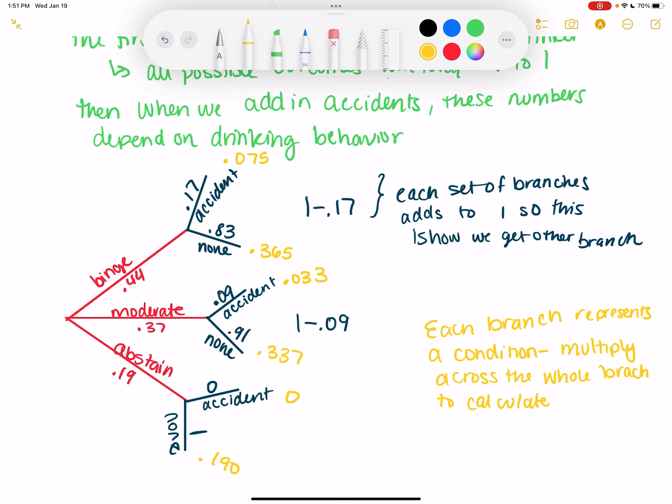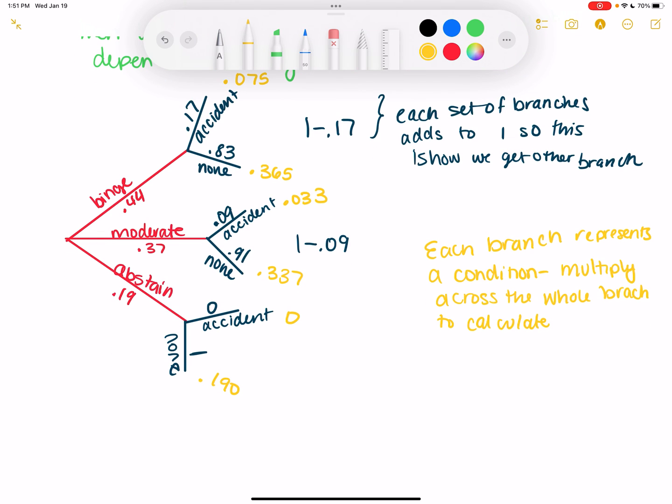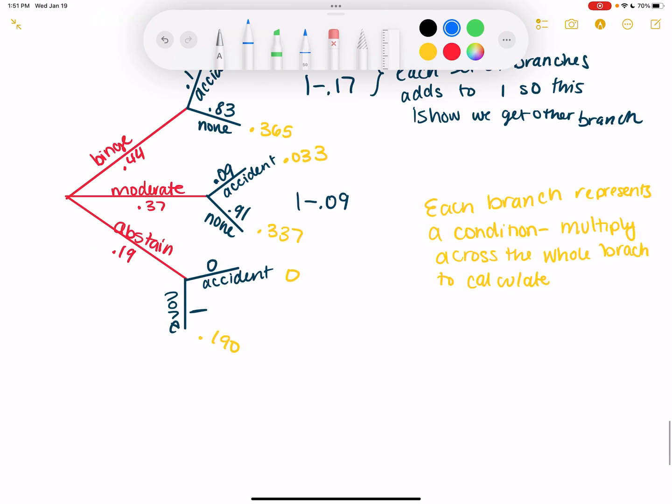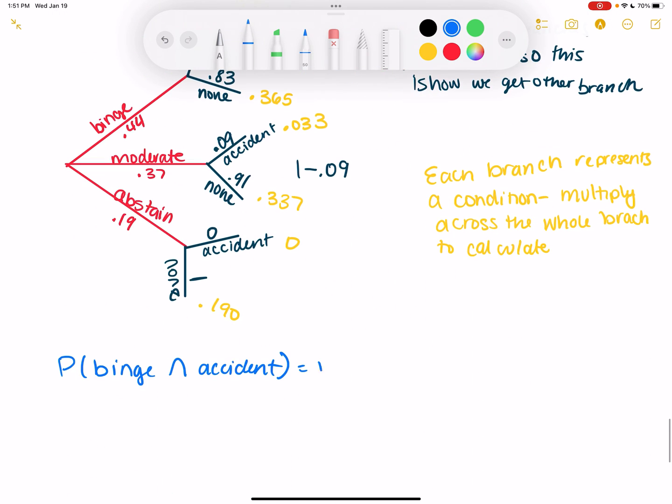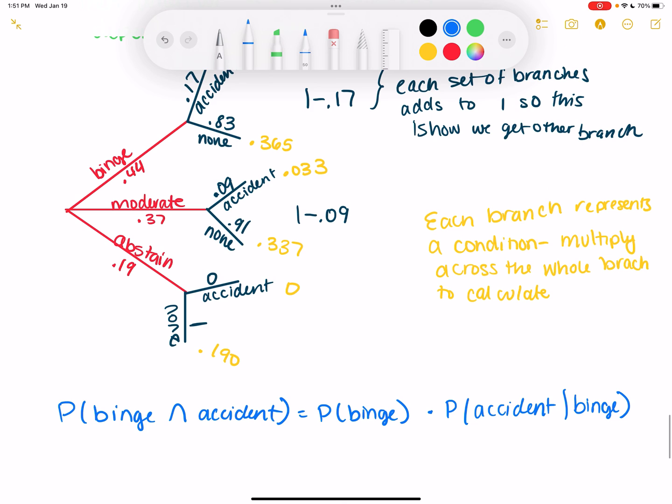Good. Okay, and I'm just going to show you down here quickly how we actually get those, if you wanted to do them without just multiplying. The probability that they binge and they get in an accident is the probability of binge times, technically, the probability of an accident given that they binge, which is what this stuff is showing you.